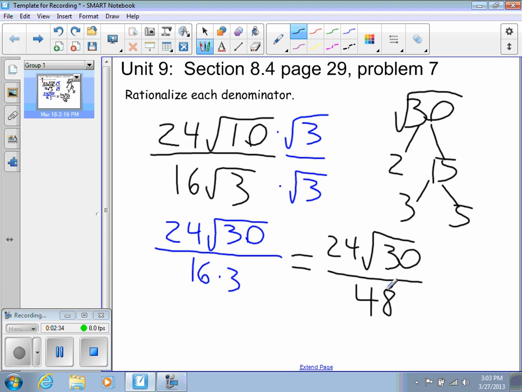So let's factor the top and factor the bottom. Let's take this 24 and factor it. We've got 2 times 12. Let's make that look like a 2, which is 2 times 6, which is 2 times 3. Let's circle all of the primes. And then we need to factor our 48 as well.